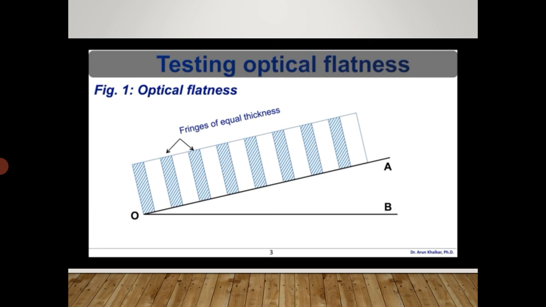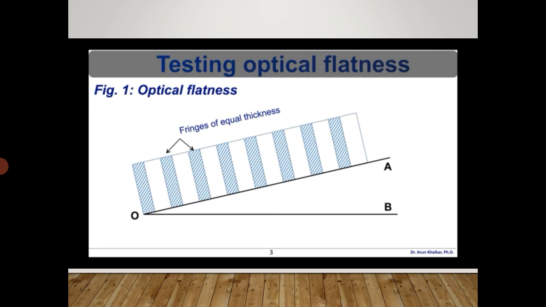The first one is optical flatness. Flatness of a surface is measured using an optical flat plate and a monochromatic source of light, using the principle of interference. When an optical flat, also known as the reference plate, and a work surface, that is the test plate, are placed in contact, an air wedge is formed.